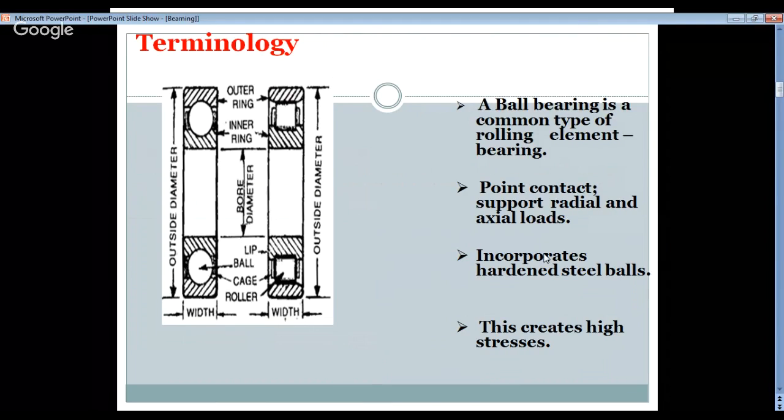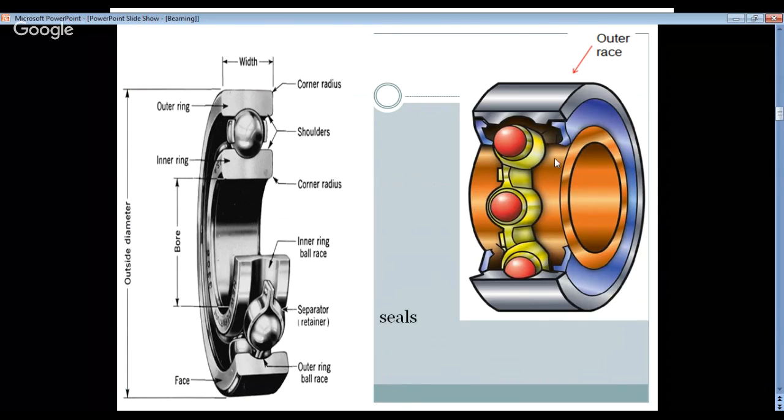Now, if we see the terminology, or you may say the general classification of the bearing, or exactly a cut sectional view of a bearing, we may see that it is called the outer race, which is fixed in the housing, while this is the inner race, which is fixed with the shaft. The race has negative tolerance so that relative motion between the inner race and the shaft is not permitted.